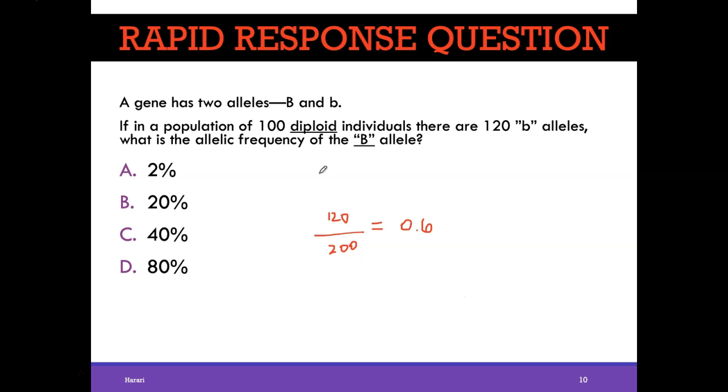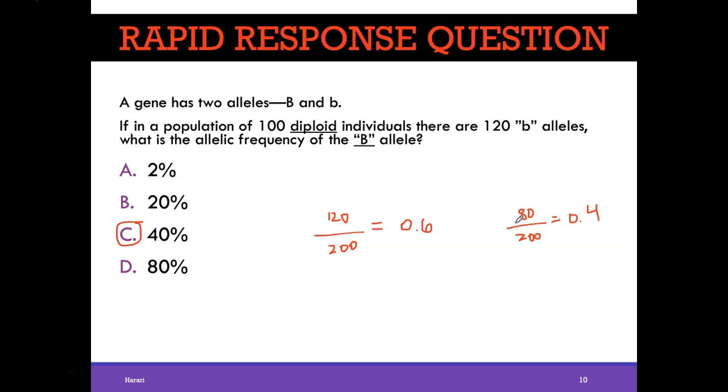So you can automatically figure out that big B would be 80 over 200, because if 120 are little b, that means that 80 have to be big B. And this would give you 0.4. And that's what 40% is. So the answer is C.